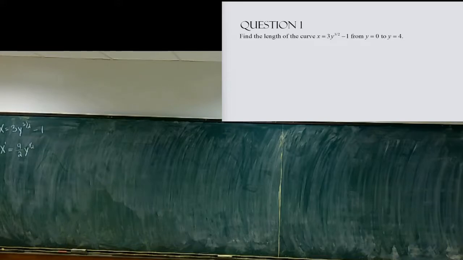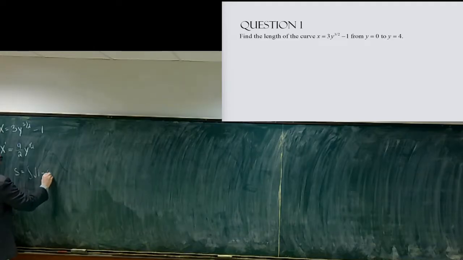I'm going to keep it as that. This will then be our length: square root of 1 plus x prime squared dy from 0 to 4.